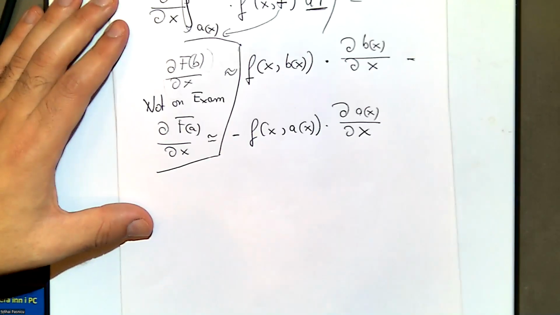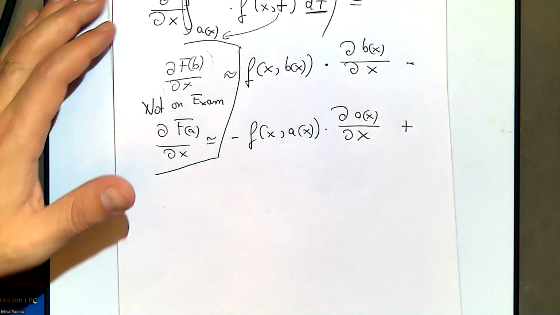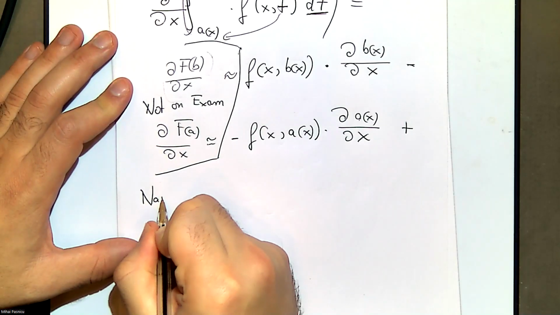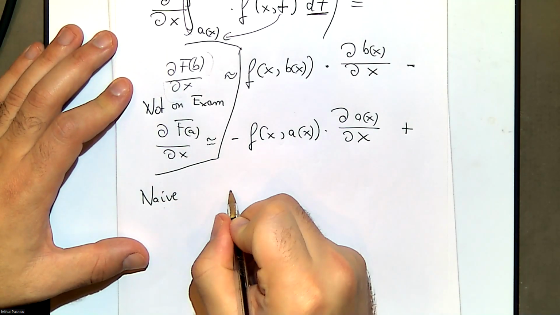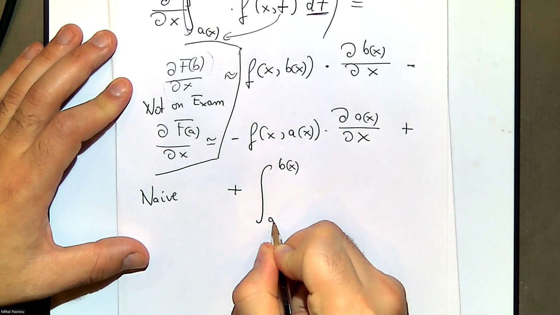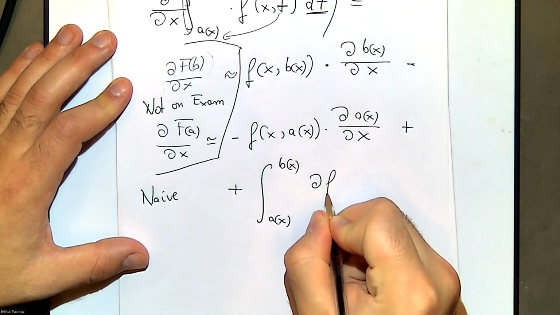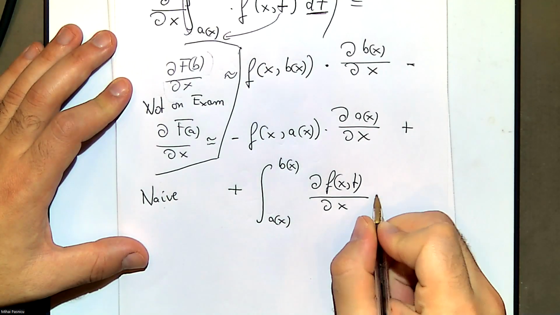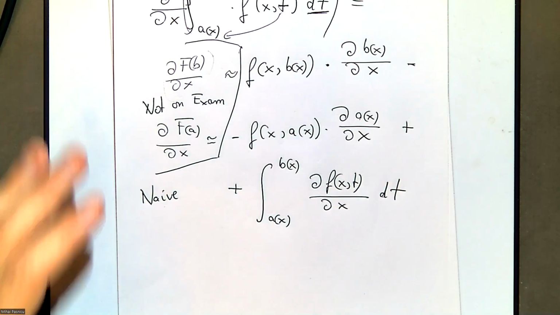Okay? And now the last part is just a completely naive derivation, which is just plus the integral, untouched, and you just take the derivative of what's inside. And this is it.